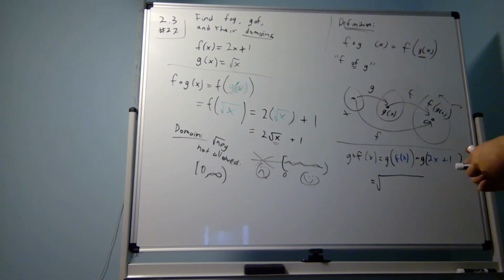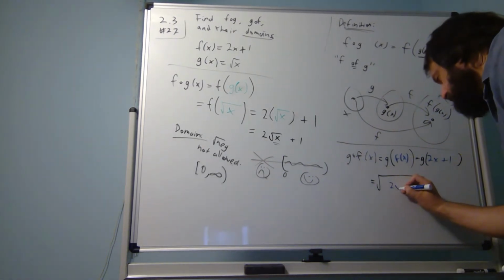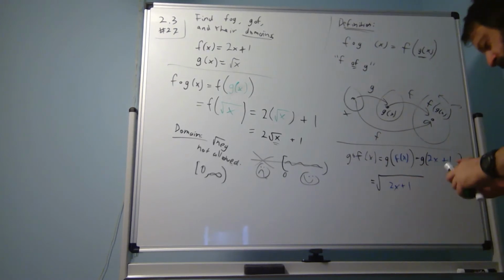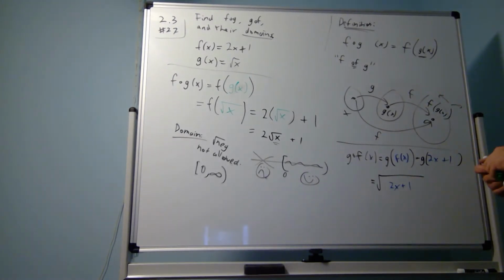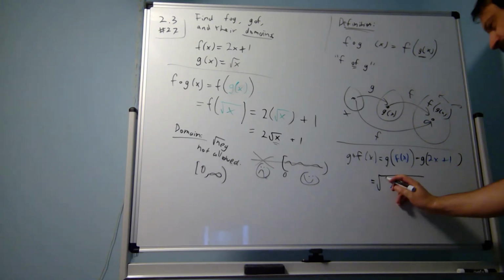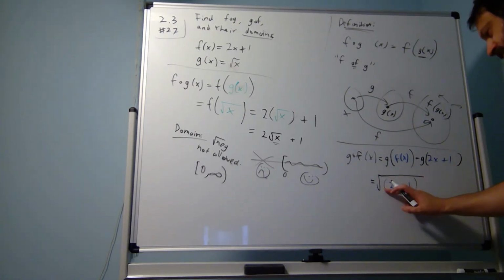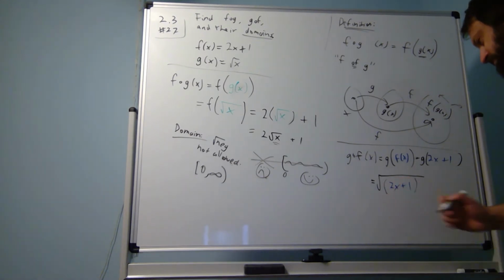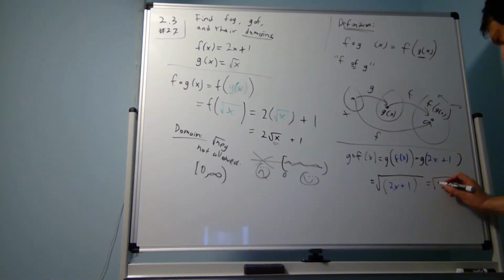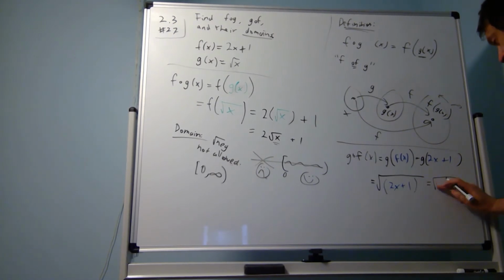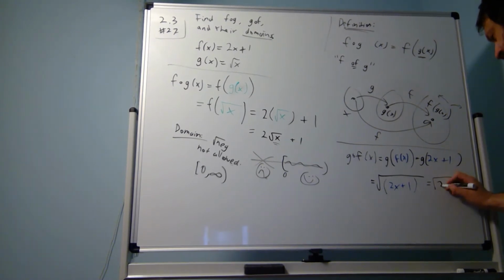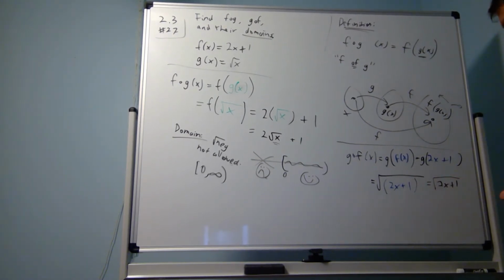Sometimes the input might appear more than one place in the output for other functions, so it might be nice to group it with parentheses. That emphasizes the different parts it's made out of, but then maybe I simplify just a little bit. That double parentheses doesn't really do anything. So it's the square root of that entire expression, 2x plus 1.